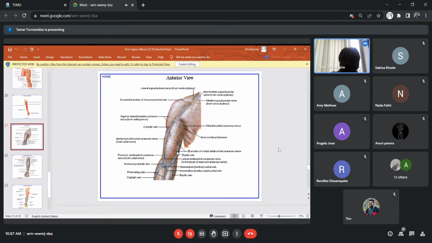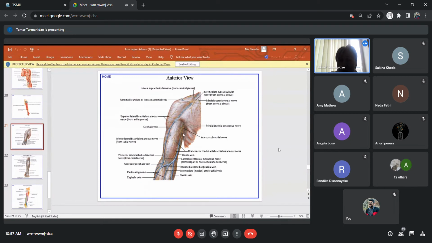So in superficial layers, on the lateral side of the arm region, we have cephalic vein, which is accompanied by superior and inferior lateral cutaneous nerves. On the medial side, we have basilic vein, which is accompanied by medial cutaneous nerve of the arm. And also the skin of the medial side of the arm region is innervated by intercostobrachial nerve.